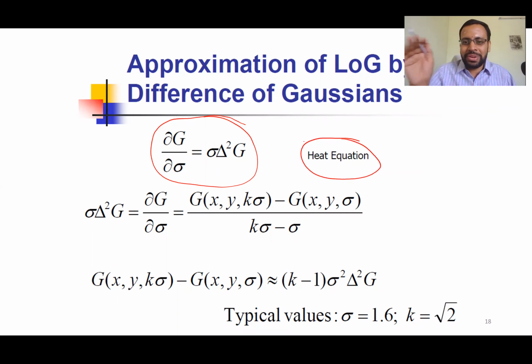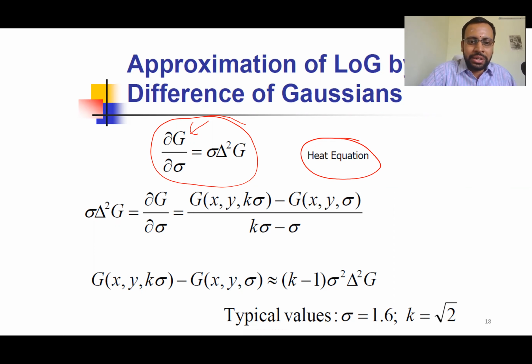Anyway, we are not interested in how we arrived at this equation. I leave that to you; if you are interested, you could go further there. But the important thing I want you to take a look at is that ∂G/∂sigma is on one side. So what is a finite difference based approximation of it?